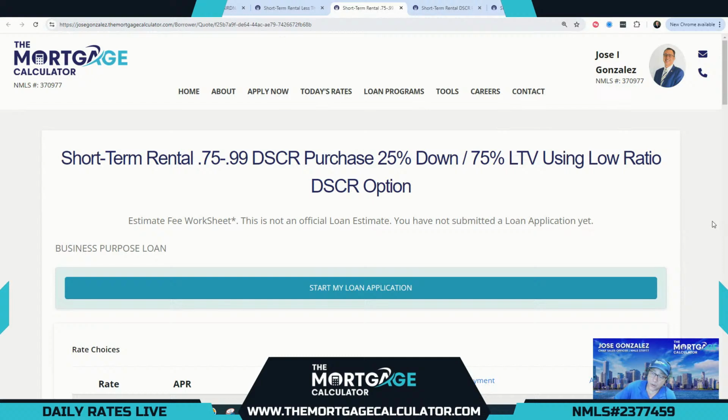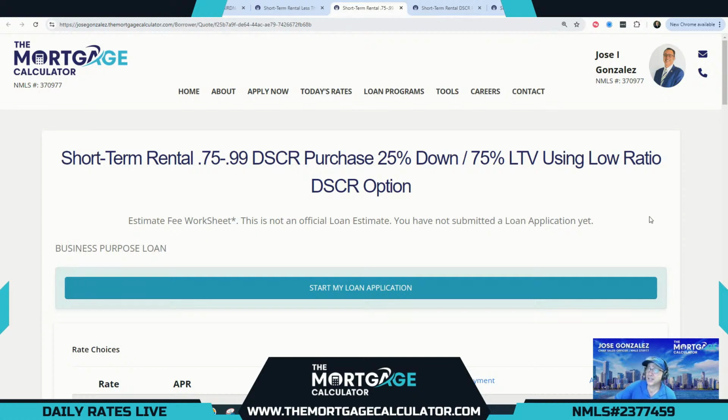Now, if short-term rental revenue reports are not available because the property was not operated as a short-term rental, if AirDNA comps are not possible, maybe there weren't any suitable comps or just none at all, or if the long-term rent does not qualify the property either at 15 or 20% down, then an option is qualifying the borrower with a low ratio DSCR option.